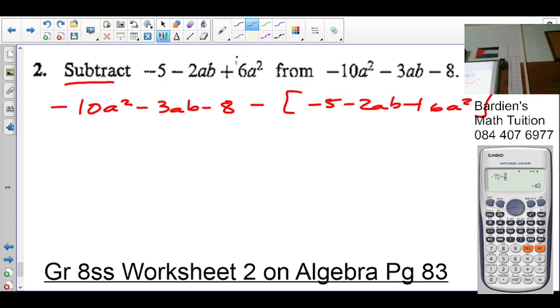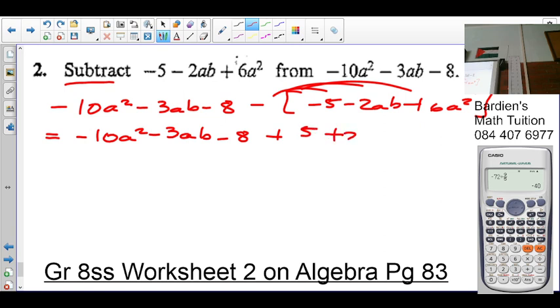What do I do now to get rid of the bracket? Multiply it. So negative 10a squared minus 3ab minus 8 plus, getting rid of the bracket now, 5 plus 2ab minus 6a squared.